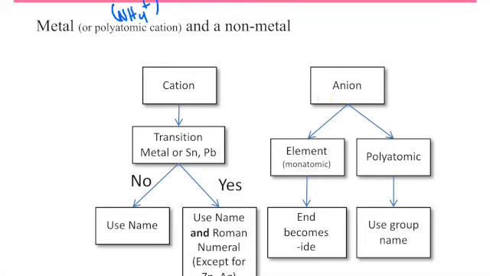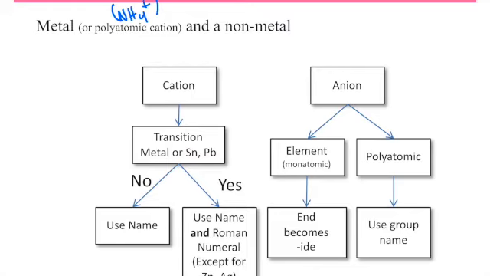For the cation, you ask: is it a transition metal, one that can have multiple charges? If yes, then you use its name and a Roman numeral to tell me how much charge it has. Is it a +1? Is it +2? Is it a +3? The exceptions are zinc and silver. You don't use that. If it is not a transition metal, you just use the metal's name.